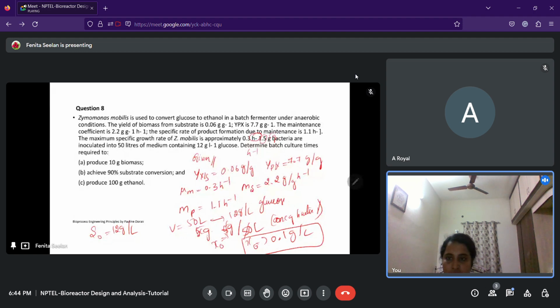So let's come to our first question. Determine the batch culture time required to produce 10 gram of biomass. If 10 gram of biomass is produced by the reaction, then the final biomass would be what?